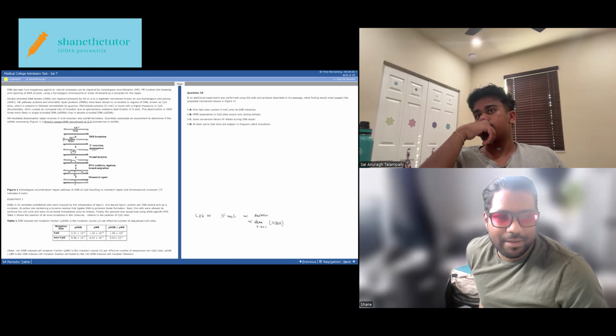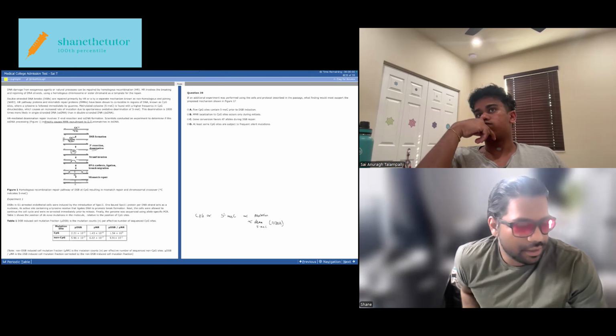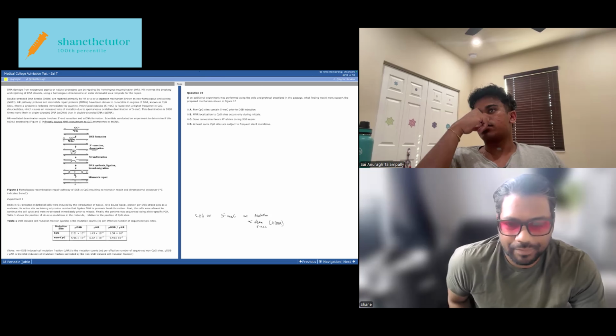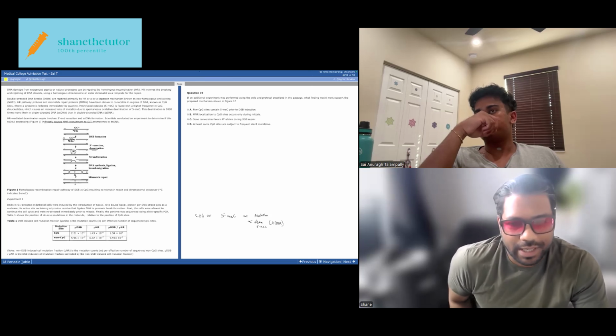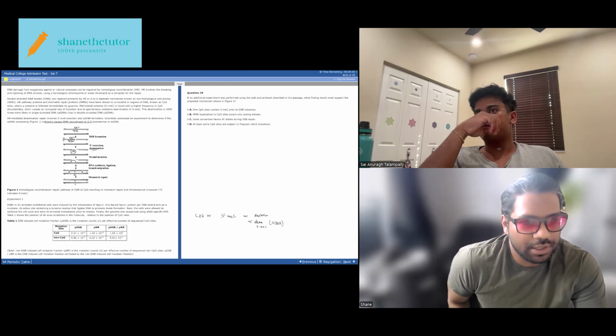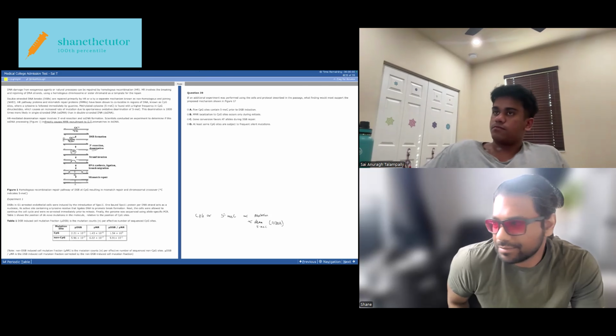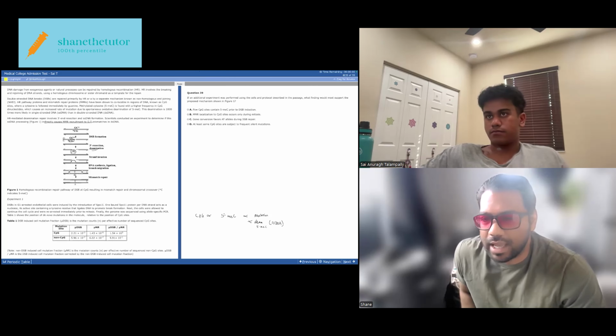Now we know that the MMR fixes the GT mismatches, right? That will do so using HR mediated, or sorry, homologous recombination.